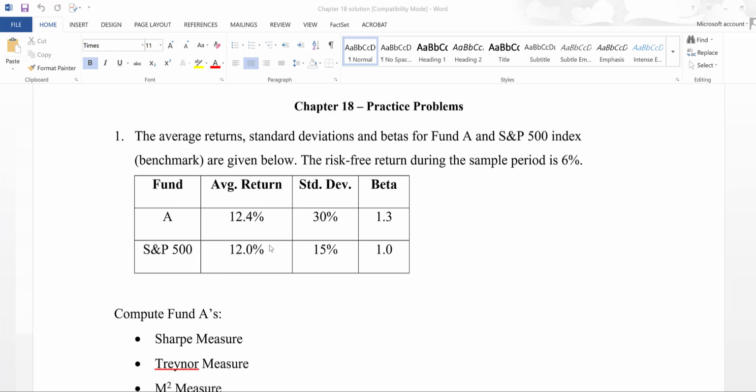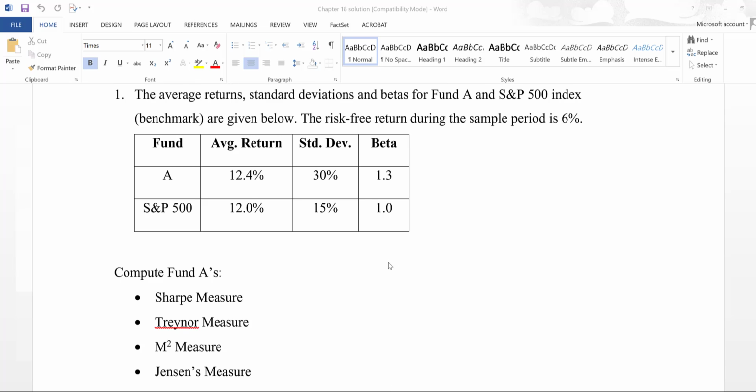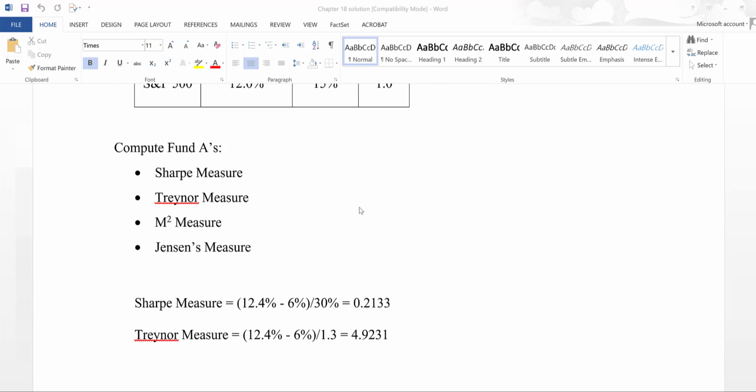Okay, so for this first problem we have to compute the four metrics: Sharpe, Treynor, M2, and Jensen. The Sharpe measure is the average return minus the risk-free rate divided by sigma, or standard deviation, right? Excess return divided by sigma.